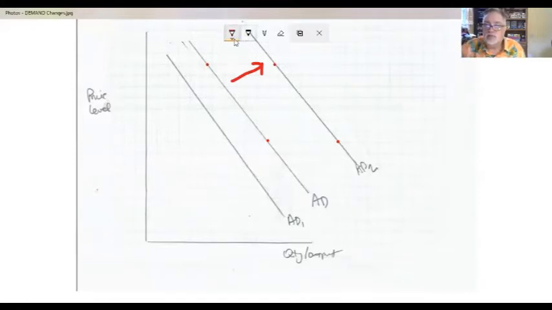On the other hand, and let me just change colors here to make it clear. If we are moving from AD to AD1, that's not a good thing. This is the economy basically taking a timeout or taking a breath or not being as willing to demand products as they have been.